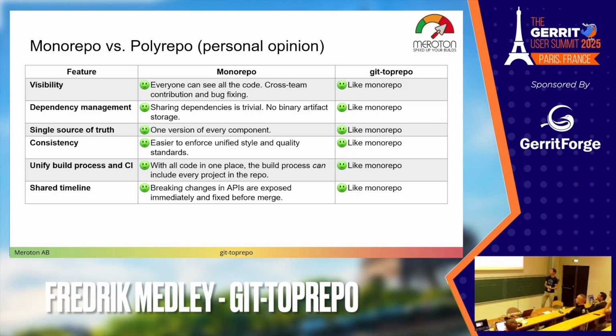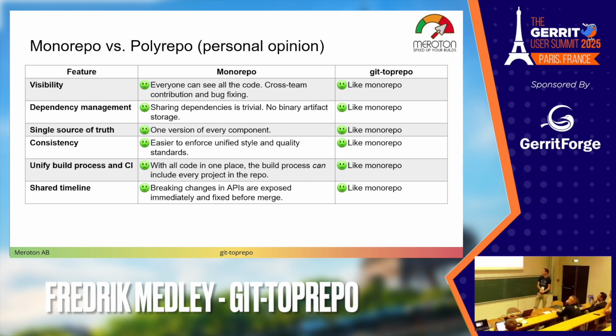Okay, dependency management: sharing dependencies is trivial, with no binary artifact storage or anything in between, so you just build everything from source. Well, one version of everything, and it's easier to enforce unified style and quality standards. I have the formatter script in one place and everyone uses it because everyone checks it out.